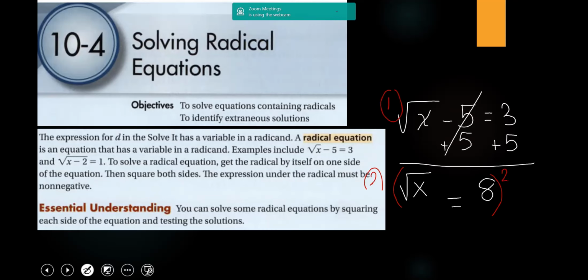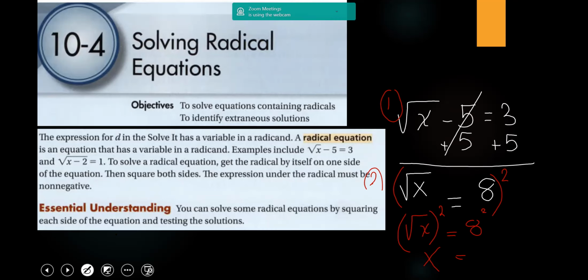Squaring both sides means you have to square the first side and the second side. Now, what is the square root of x squared? It's x. Bravo. And 8 squared? Teacher, why do you square? Here we have square root of x equals 8, but I didn't want square root of x.